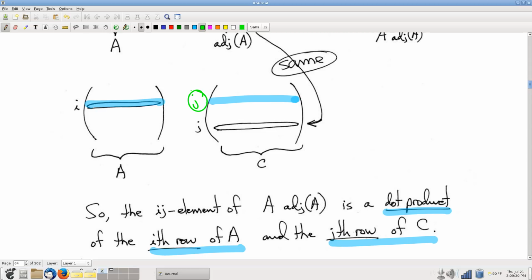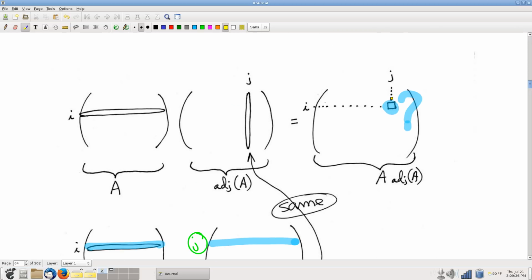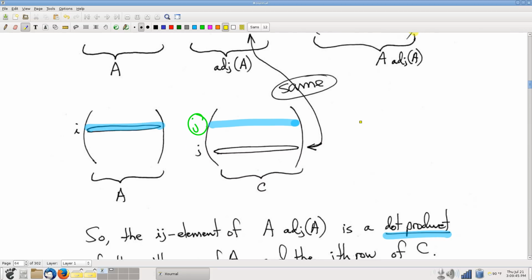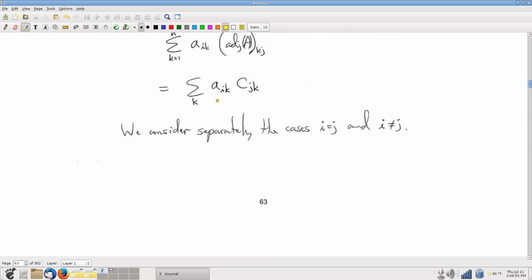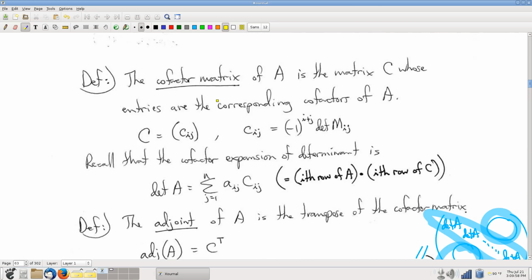So what we're really doing here, when we're looking at a diagonal entry, is taking a row of A and dotting it with the corresponding row of the cofactor matrix. Well, doesn't that sound familiar? In fact, that's exactly what we have here.